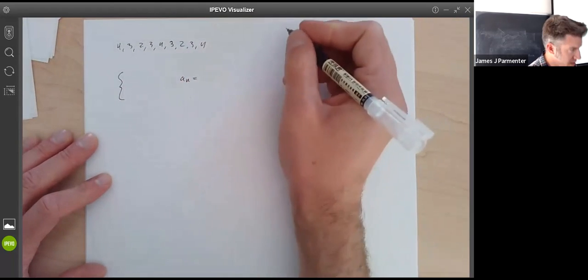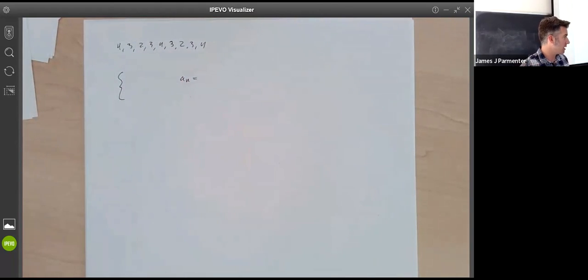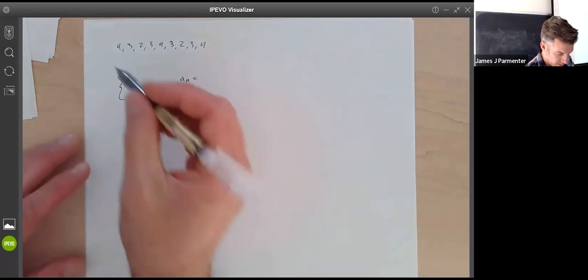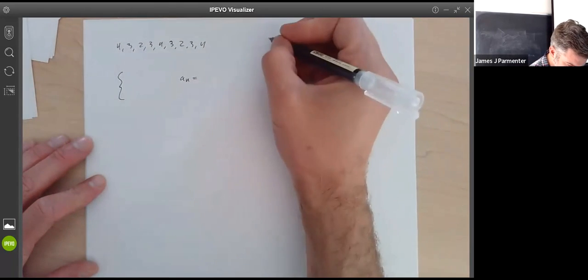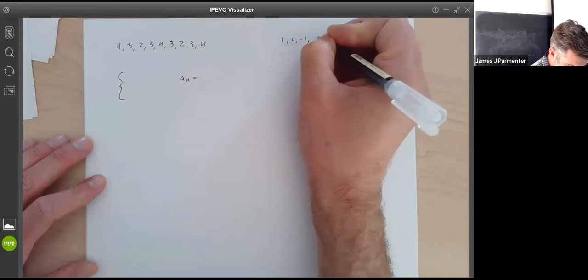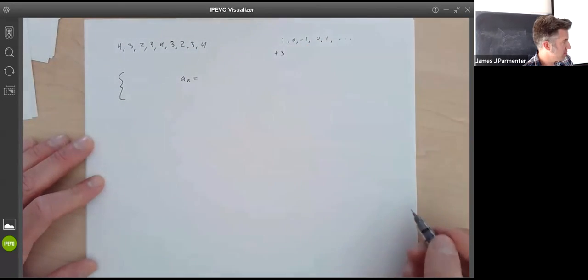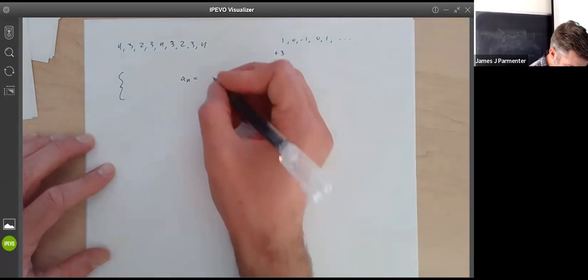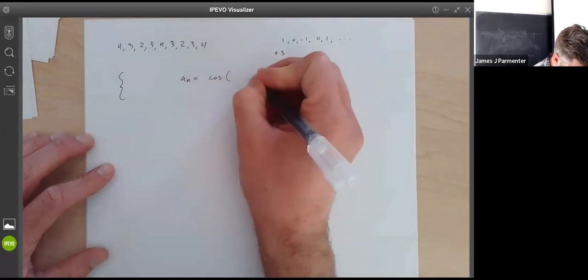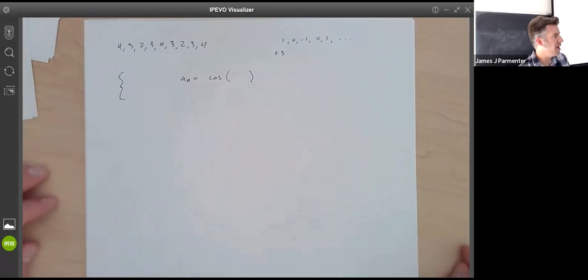So I know that cosine goes 1, 0, negative 1, 0, 1. So I'm thinking of taking my cosine values, 1, 0, negative 1, 0, 1, etc., and adding 3. So I want cosine of what? What's actually going to get me what I want?